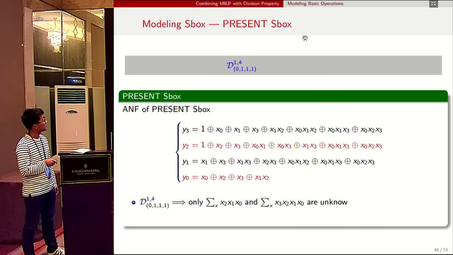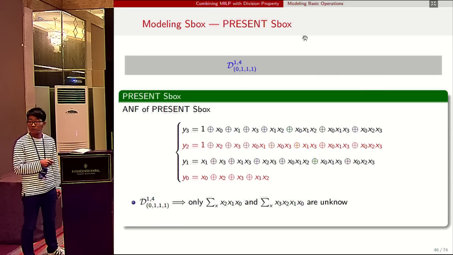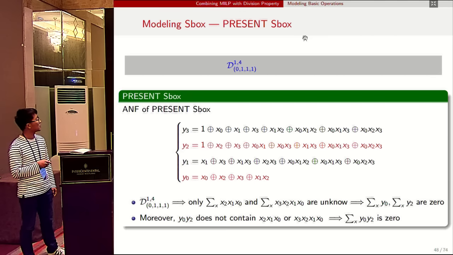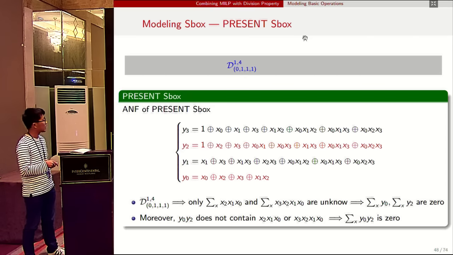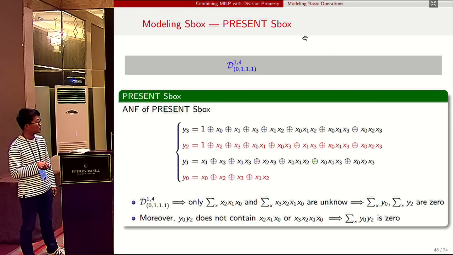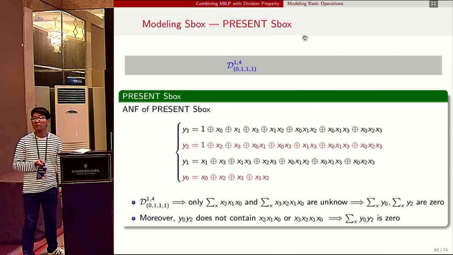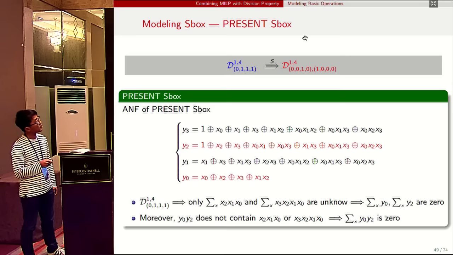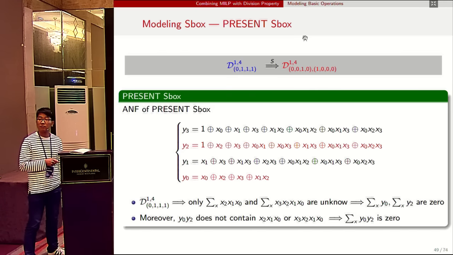But we can observe that y0, y2, these 2 Boolean functions, do not contain these 2 monomials, so the sum of y0 and y2 is 0. Moreover, we can compute y0 times y2, and we found y0 times y2 does not contain these 2 monomials, so the sum of y0 times y2 is also 0. Based on these observations, the output division property should be D0010 and 1000.